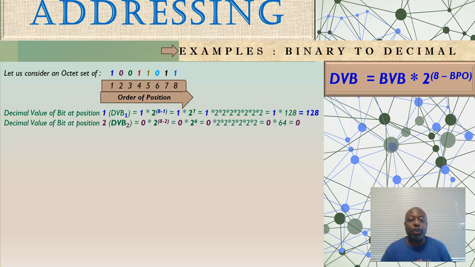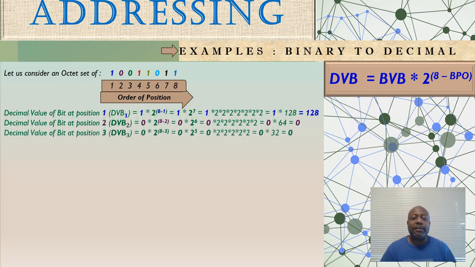Bit at the position 2, it's 0. 0 times 2 at the power of 8 minus 2 equals 0. Anyways, anything times 0 is 0, or 0 times anything is 0. We don't need to break our head too much there, right? Third bit, the green bit, it's 0. And we do the same formula, we get 0.